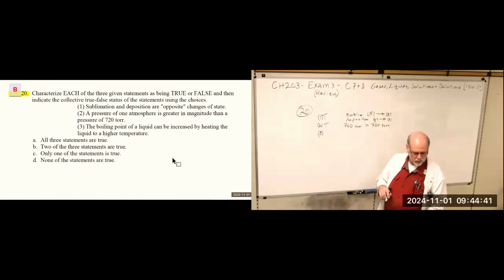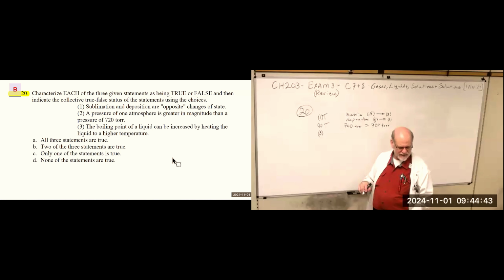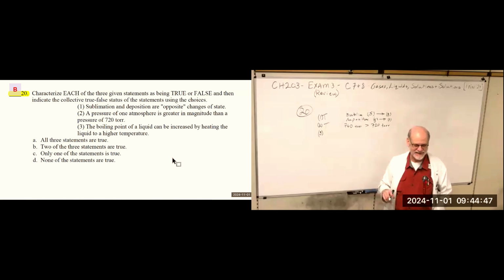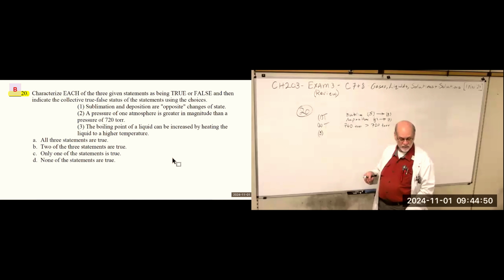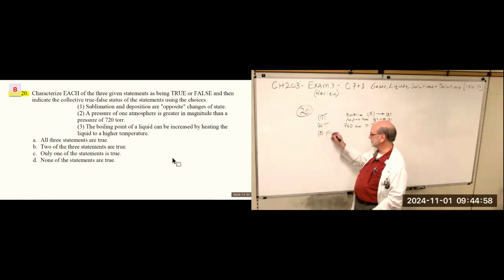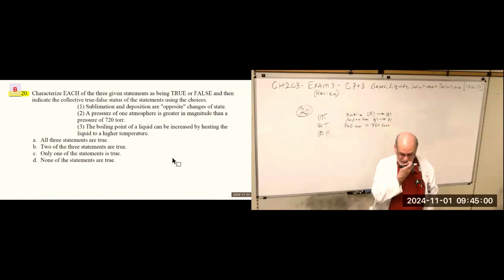How about 3? The boiling point of a liquid can be increased by heating the liquid to a higher temperature? No. You can get to the boiling point by heating it, but you can't change the boiling point by heating it. So that was false. We do have 2 true, so B would be the correct answer. 2 of the 3 statements are true.